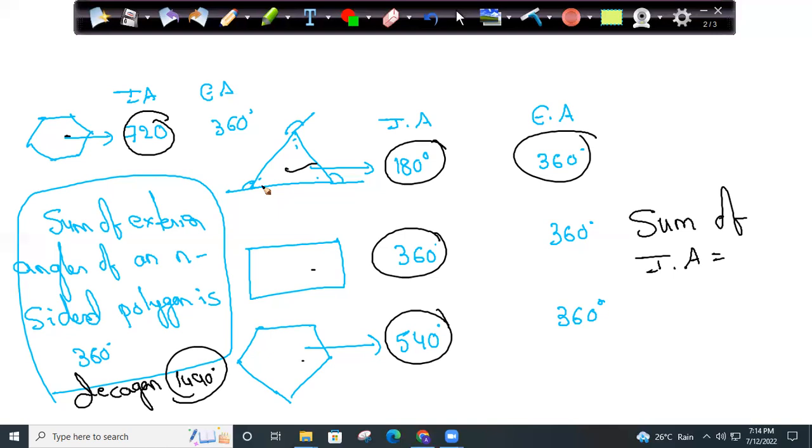Hept, 7, heptagon. Octagon, nonagon, and decagon. So you should know at least up to decagon all the sides and the names, and what their interior angles are and what an exterior angle is.